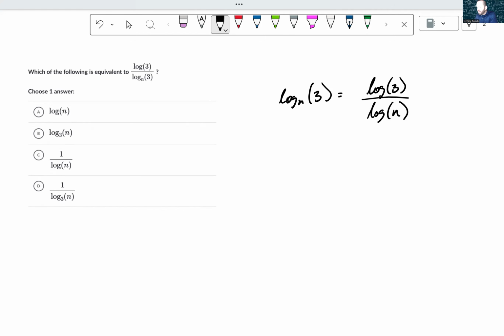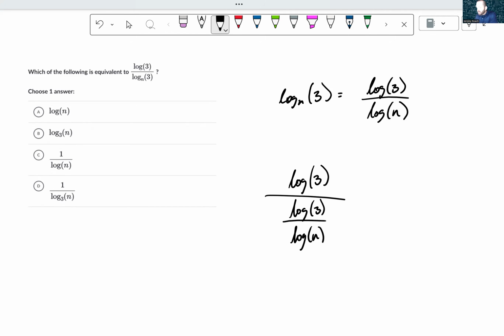So now we've rewritten that in log base 10. Again, we don't write the 10. It's just implied. If there's no base written there, there's a 10. So now log 3 is on our numerator. So we're going to write log 3 on the numerator, and then log 3 over log n.